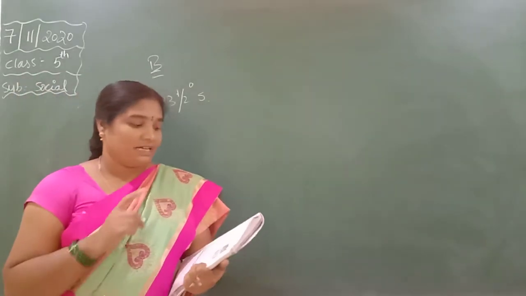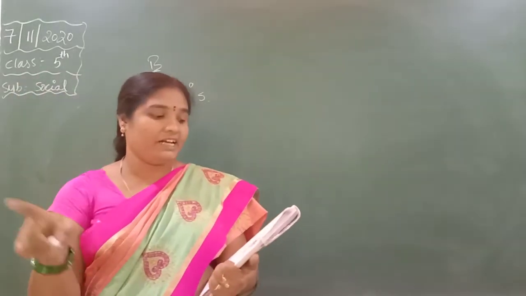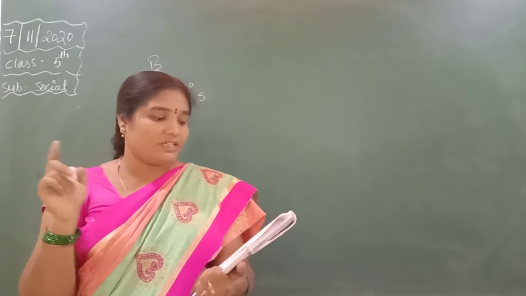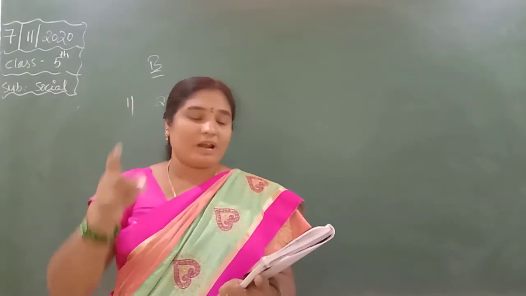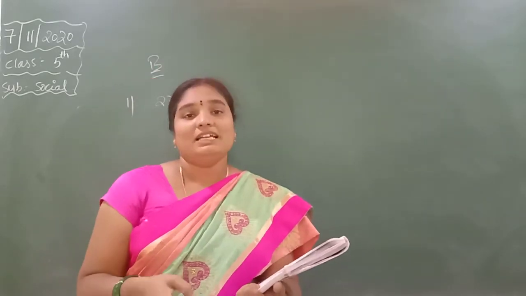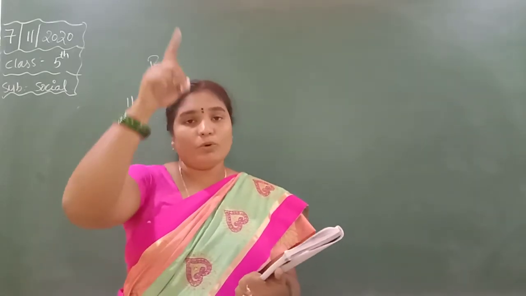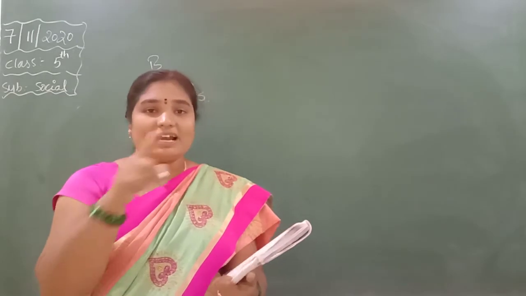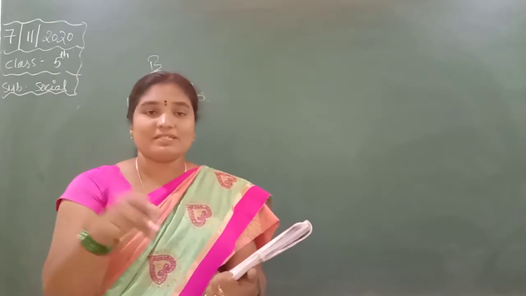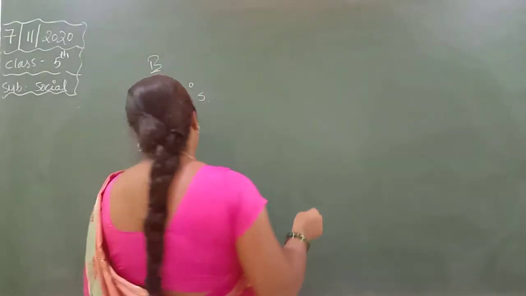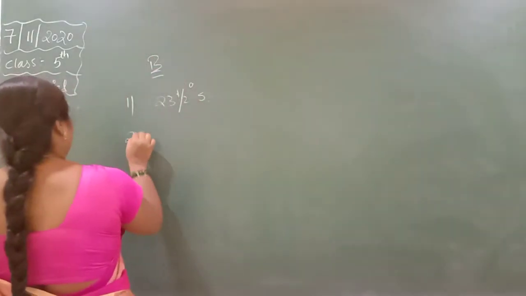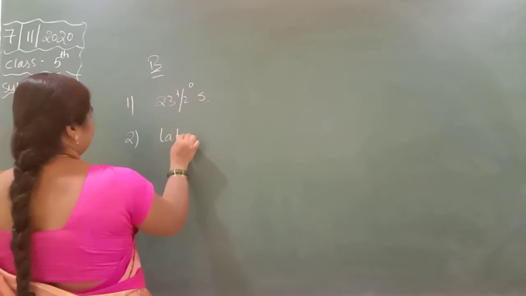Equator, dash, prime meridian, longitude. Equator is what? Latitude. Prime meridian is a long line which runs from pole to pole. Equator comes under the parallel lines. So equator, latitude.